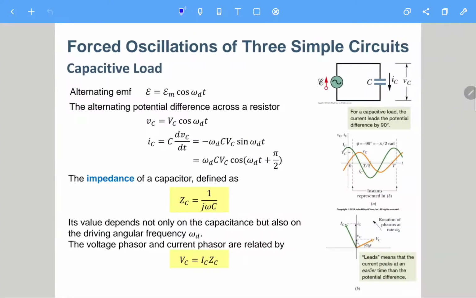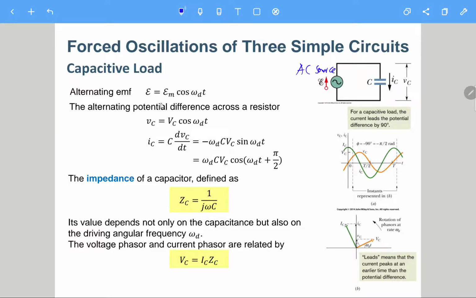So let's see another case, which is the capacitive circuit. So now we still have an alternating AC source here, in series with a capacitor.